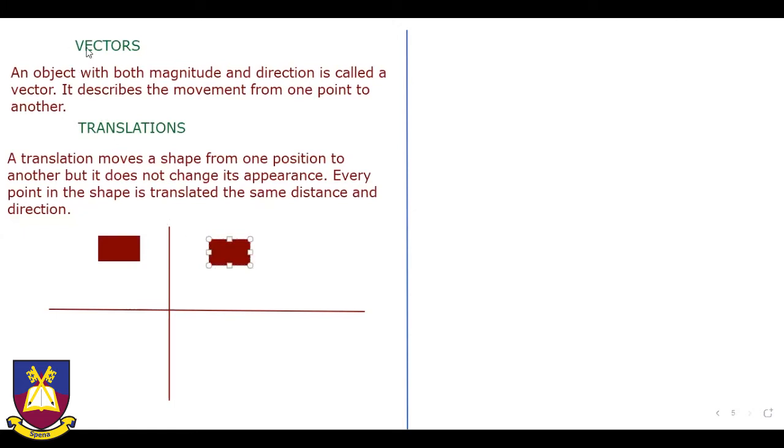So in this case we say that this figure has been translated from this position A to this position B.